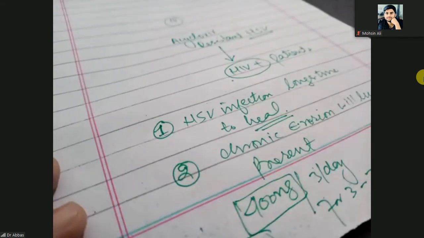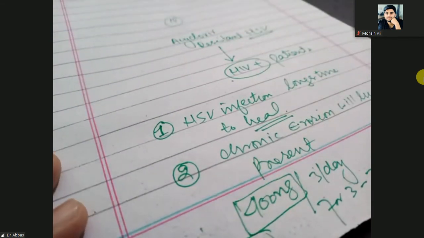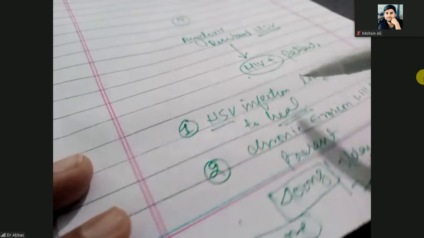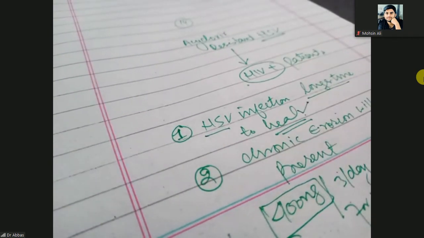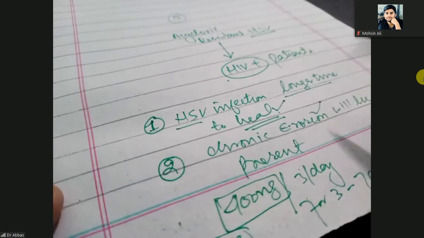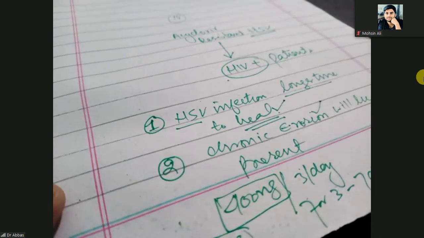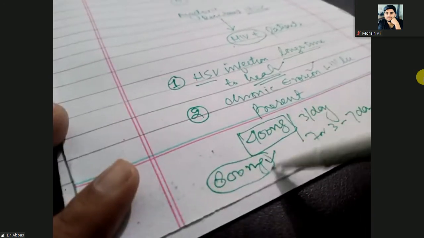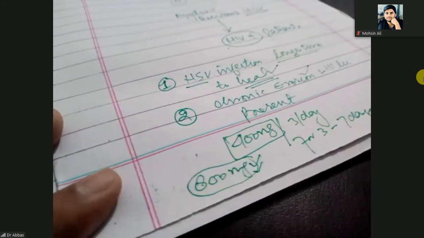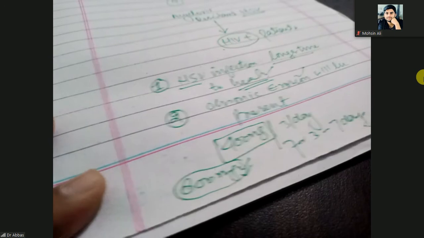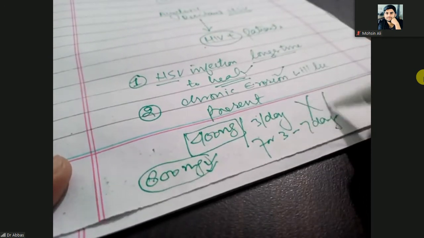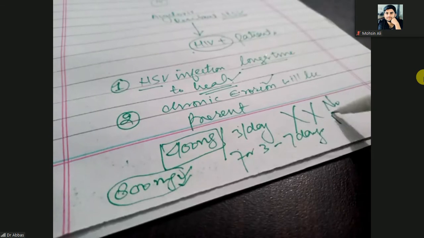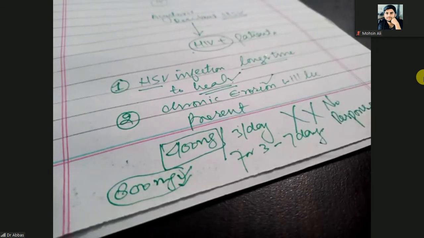The HSV infection takes longer to heal and turns into chronic lesions without healing. So you will try 800 milligram 3 times a day for 3 to 7 days, but no response, no healing.